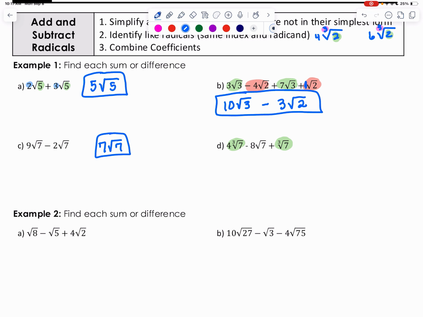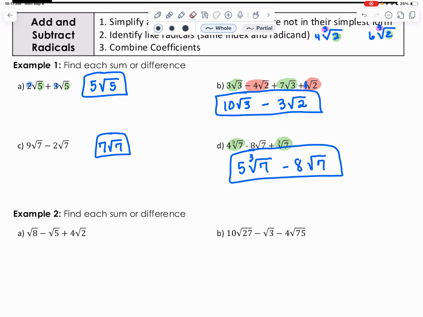So this would be 4 plus 1, 5 cube root 7 minus 8 square root 7. So make sure when you're combining them, they have the same index and same radicand.